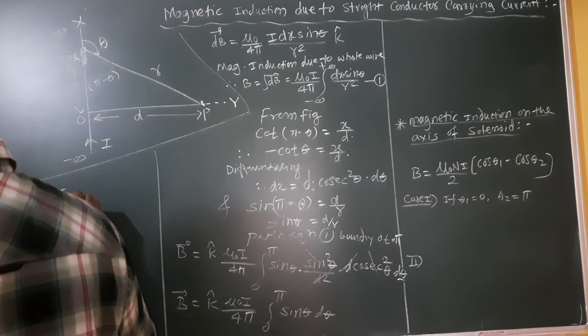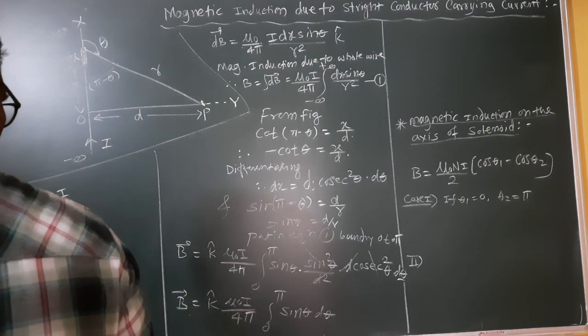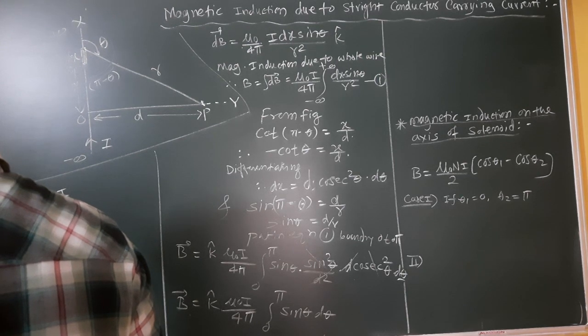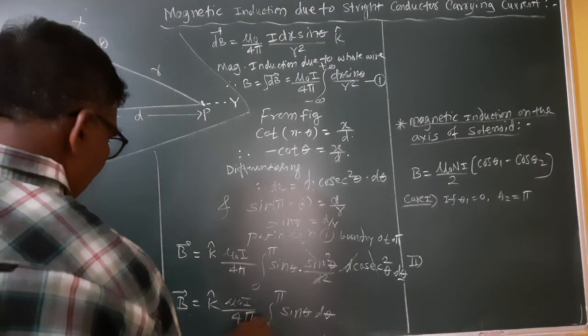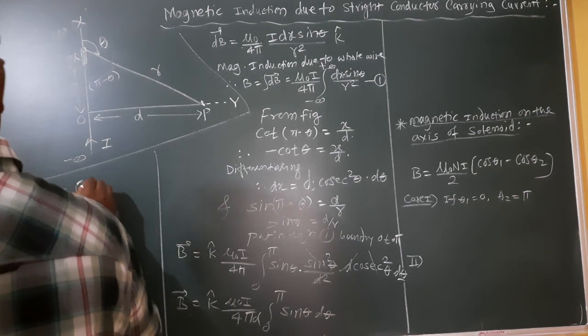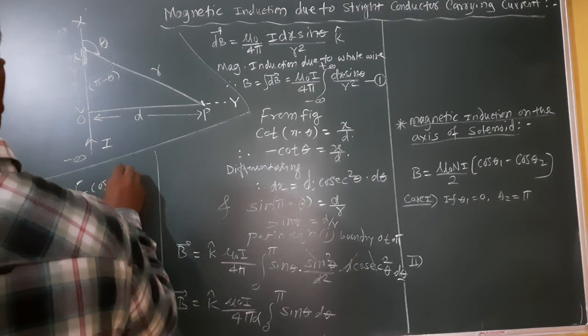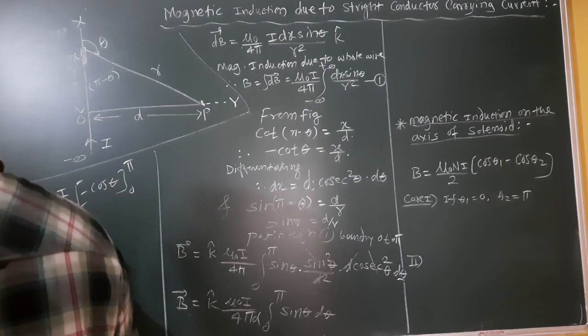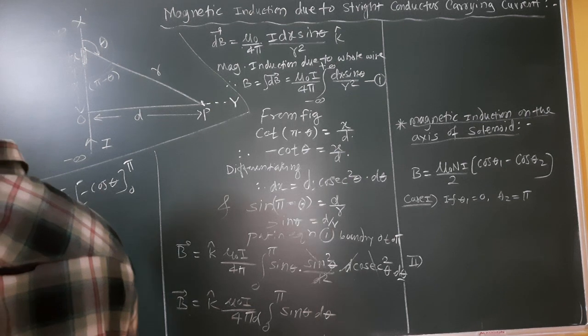Into mu 0 I upon 4 pi. Here d is there, and the integration of this is minus cos theta, with boundary 0 to pi, upper boundary minus lower boundary.